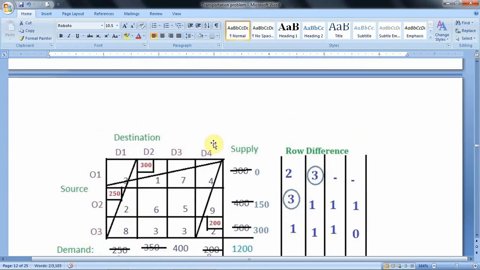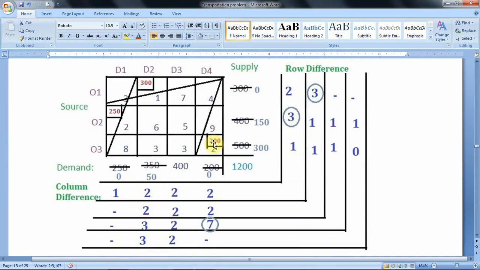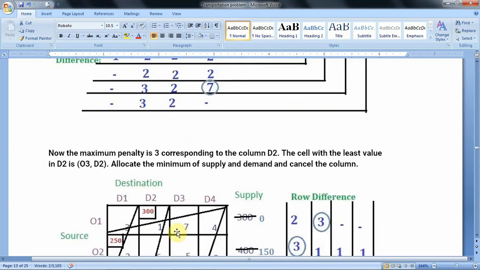The remaining units we can choose very easily, or we can write by the penalty method. Okay, the first row is over. Next, in the second row, 6 and 5, the difference is 1. In the third row, 3 and 3, difference 0. Next, in the second column the difference is 6 and 3, that is 3. In the third column, 5 and 3, that is 2.